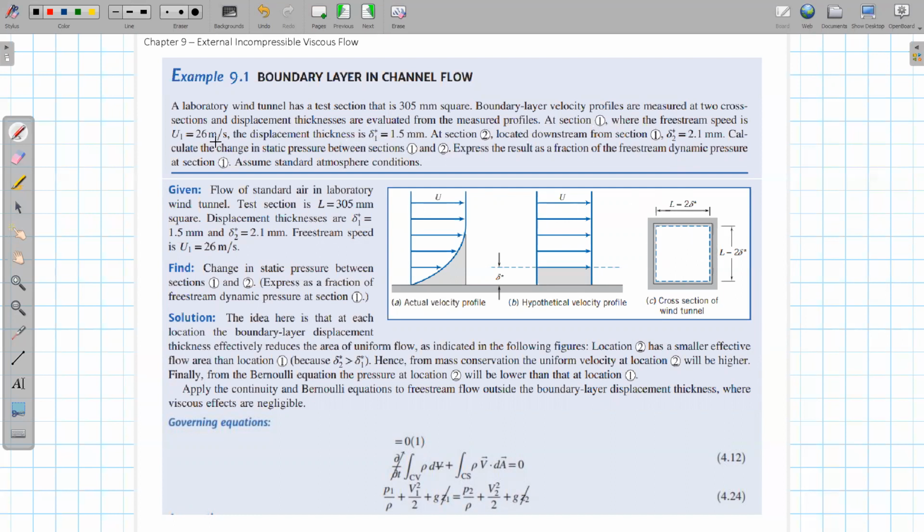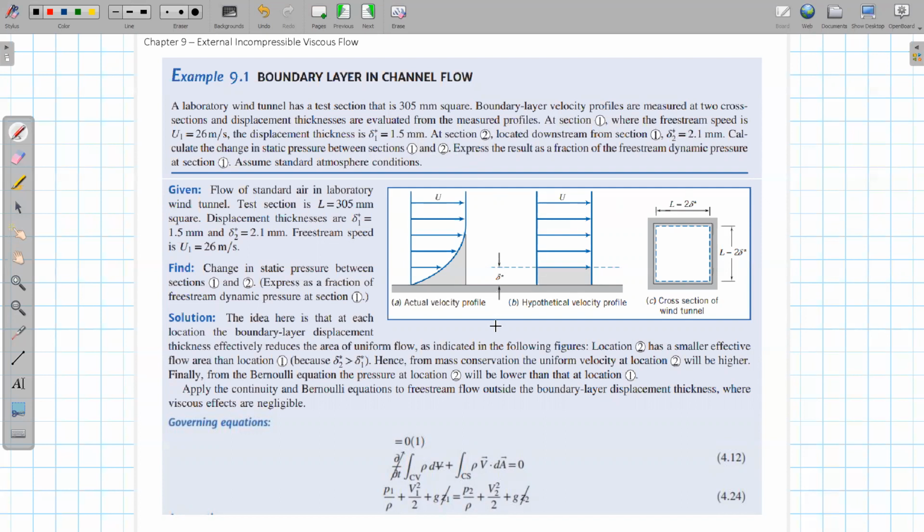On section 2, we only know the delta 2 star, the displacement thickness. And you see that at point 2, this displacement thickness has developed a little bit further. It's a little bit thicker than at point 1. So the question asks us to calculate the static pressure difference between point 1 and 2.